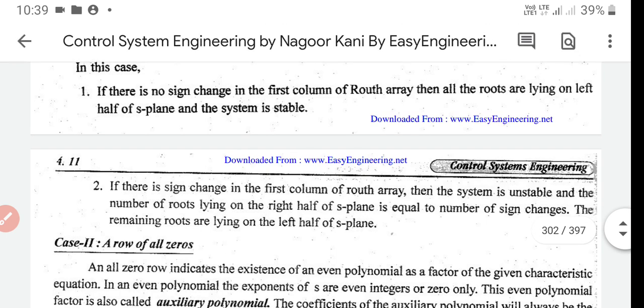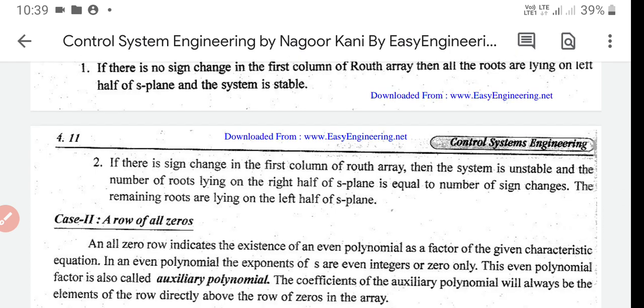If there is any sign change in that first column of the routh array, then the system is an unstable system. The number of roots lying on the right half of the S-plane is equal to the number of sign changes.